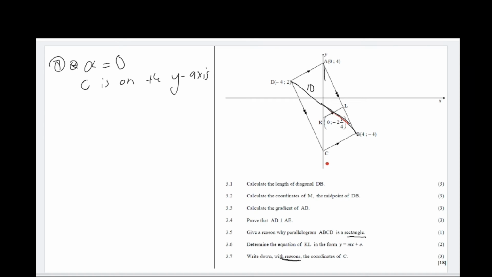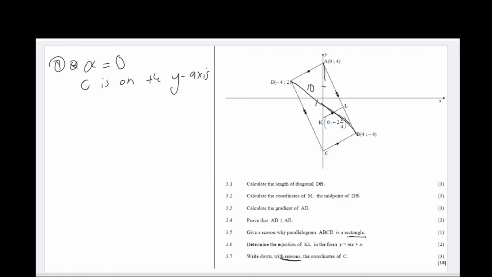The diagonals of a rectangle are equal. So this line and this line are equal. You are using information that you already proved, and knowing that this figure is a rectangle, you can apply the relevant properties to answer this question.